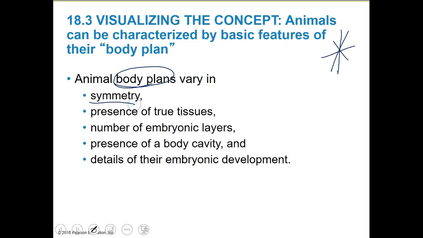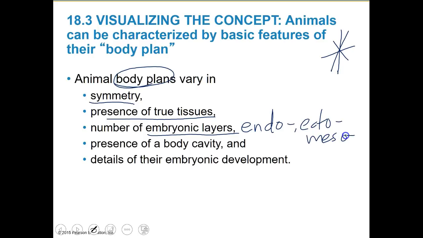So what its symmetry is, presence of true tissues, number of embryonic layers, so that was that endoderm, ectoderm, mesoderm business. So does it have all 3 of these? Whether it has a body cavity, so we're going to give a word for that a little bit later on, but there is a body cavity, or if it does or doesn't, and then details of embryonic development as well.